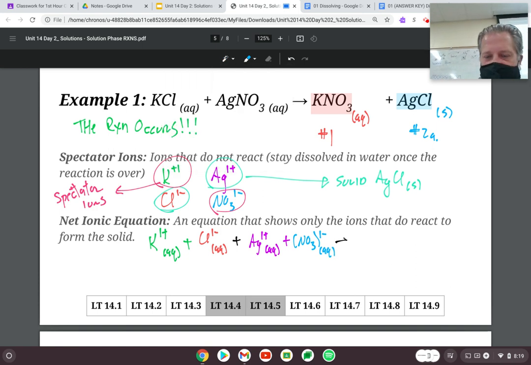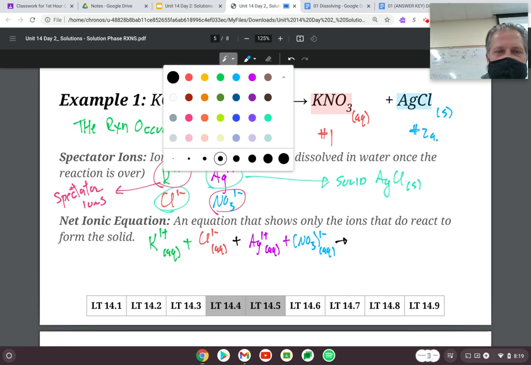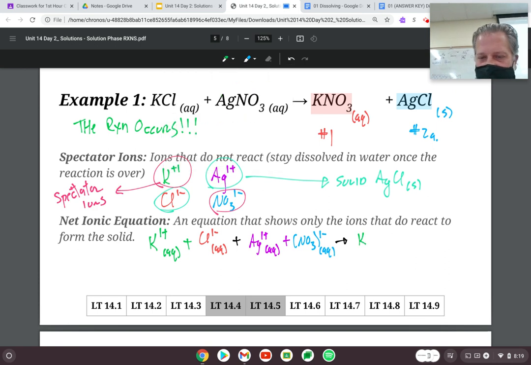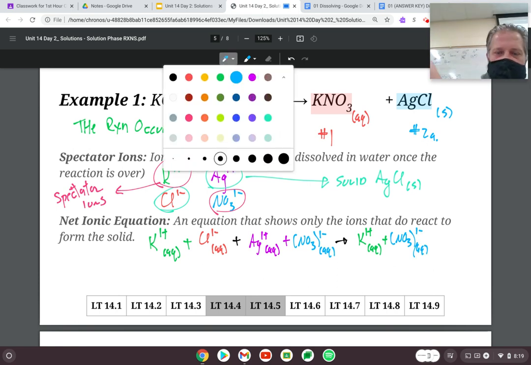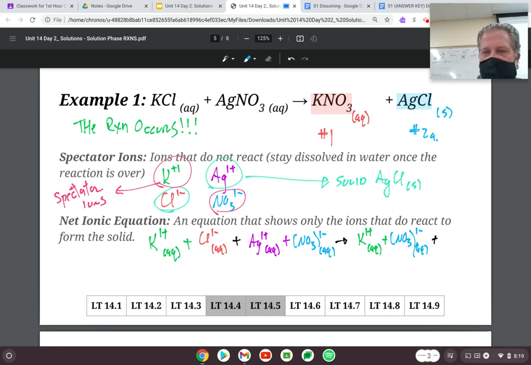But over here on the product side, K is still aqueous, and NO3 is still aqueous. But AgCl is a solid.